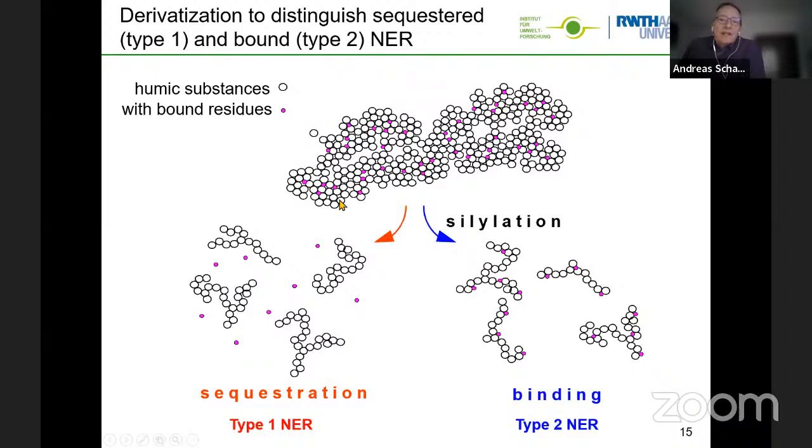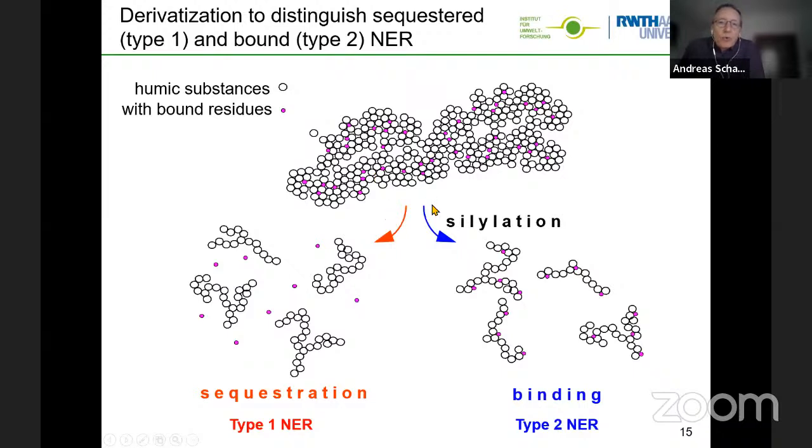If you consider this an aggregate of humic acids, fulvic acids, and so on, these black dots here, with some pesticide, the red dots inside. If you silylate this aggregate, it will break down in smaller units because of the missing hydrogen bridges.